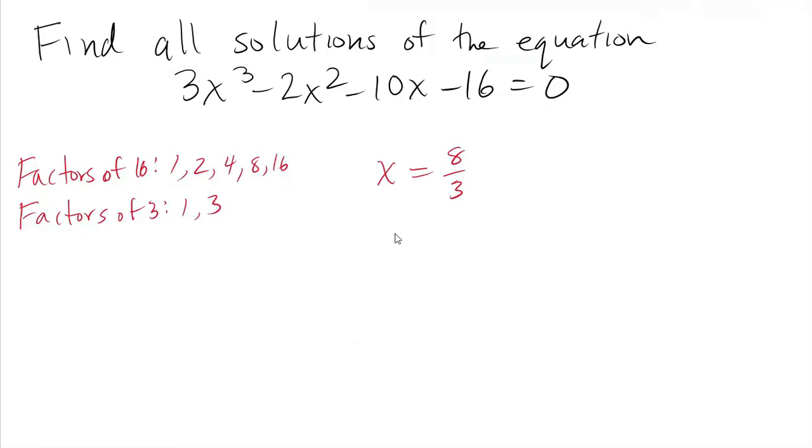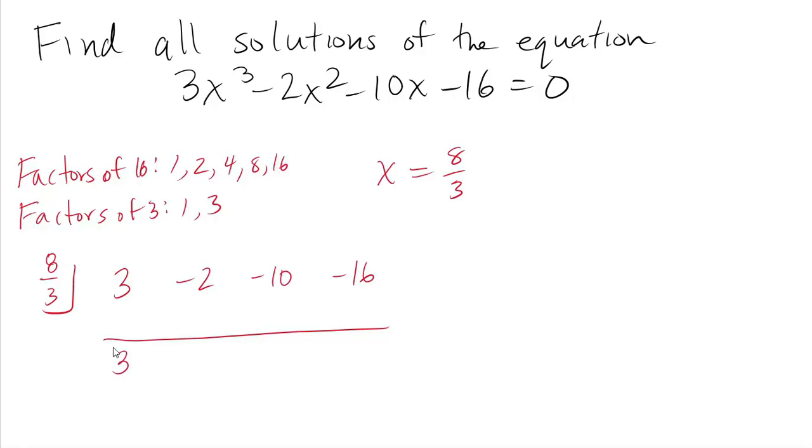But now what? What do we do? Well, we're stuck trying to divide this out. That's okay. Synthetic division with a fraction can be done. 3, -2, -10, and -16. I know this looks like it's going to be awful, but remember that the answer is going to come out to 0, so it's really not going to be that bad. Like when I drop down the 3 here, 8/3 times 3 is 8.